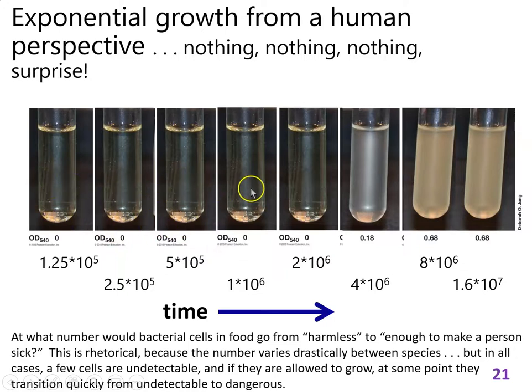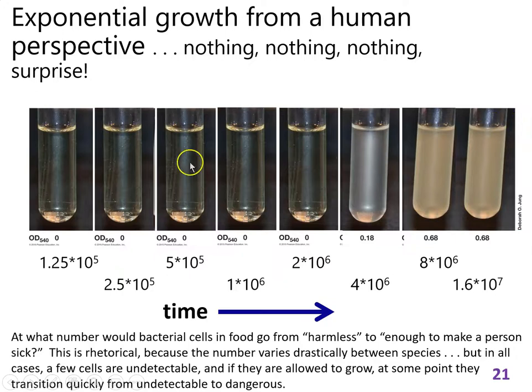And it stays small for a long time. And hopefully, by this point, you cook it or throw it away. But if you don't, if you leave it at a temperature where bacteria can grow, eventually they'll reach a point where they can start making toxins that would give a person food poisoning. And that just has to do with how this exponential growth works.